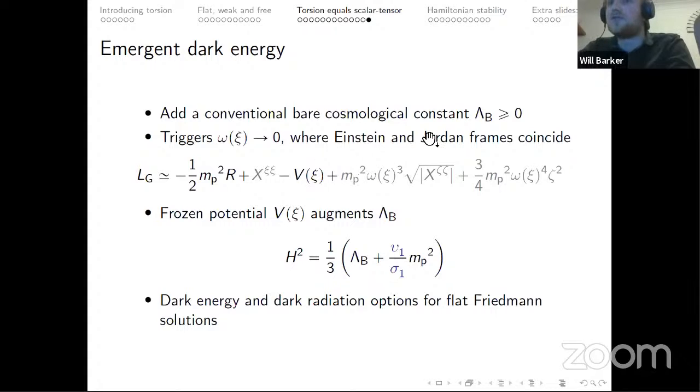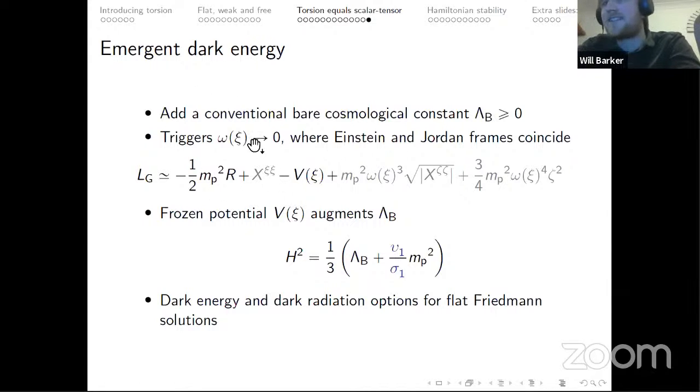If you do that, there's another attractor solution which gets rid of that omega function, so that the Jordan and Einstein frames coincide at that point. And remember, omega modulated the cuscuton, so it cancels the cuscuton. That has no effect. And omega going to zero corresponds to the canonical field being a particular constant. And so the kinetic term of the canonical field goes away as well.